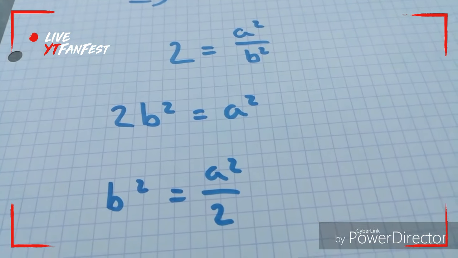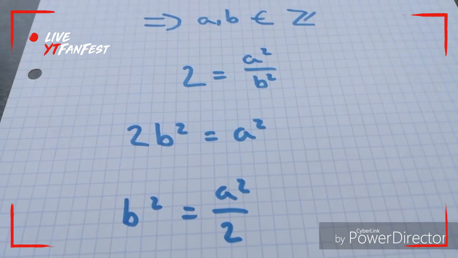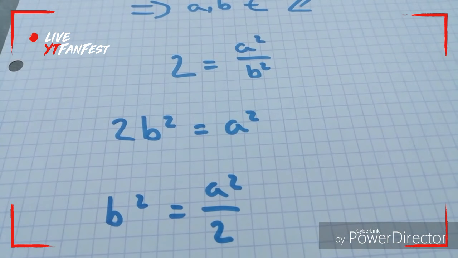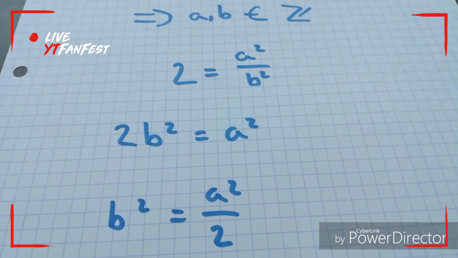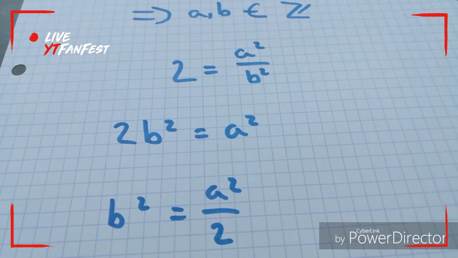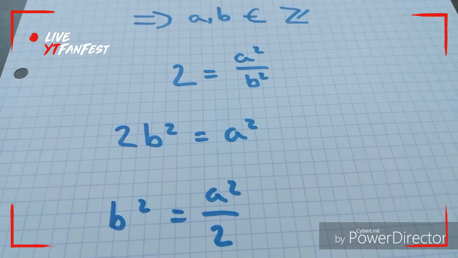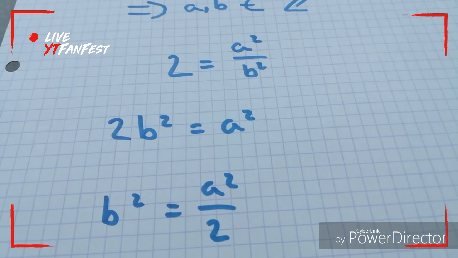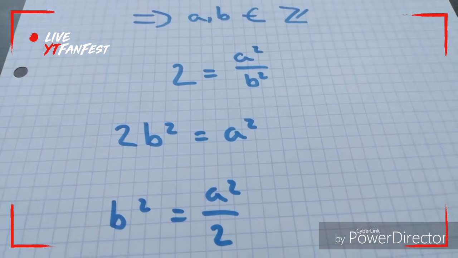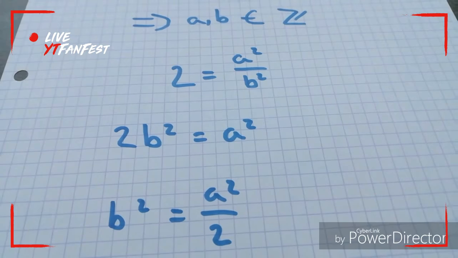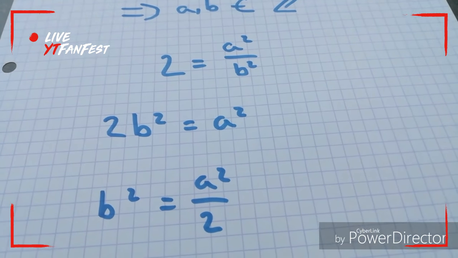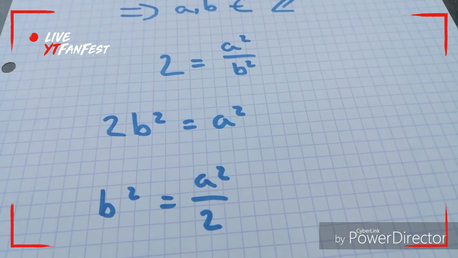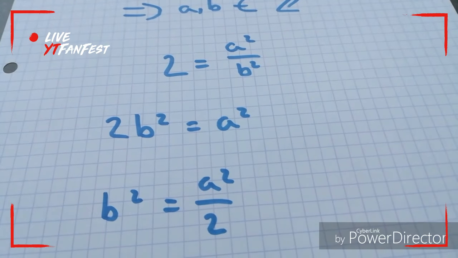Then I divide by 2, and now this is the interesting part, because I find out that a is even. If a is even, for example 6 squared, it would be 36, and divided by 2, it would be 18. So 18 is an even number.